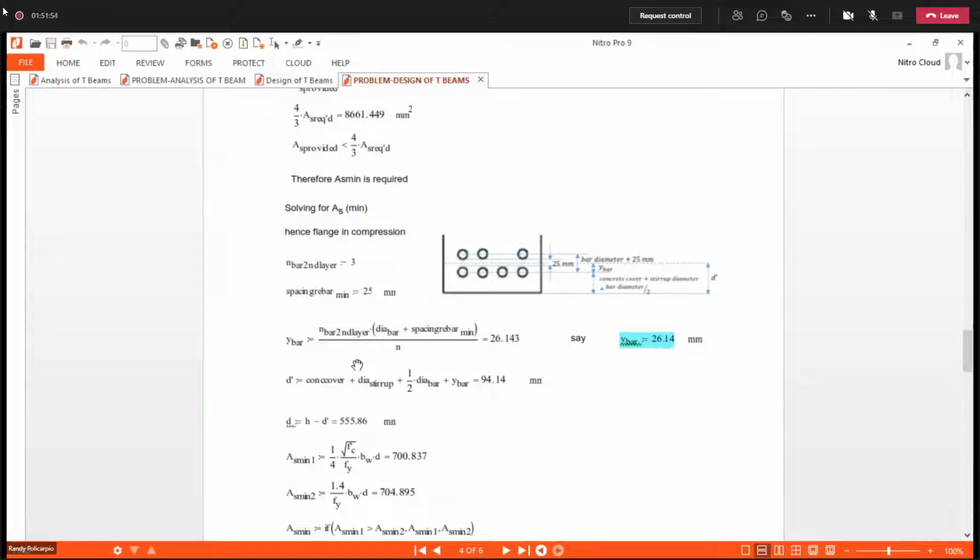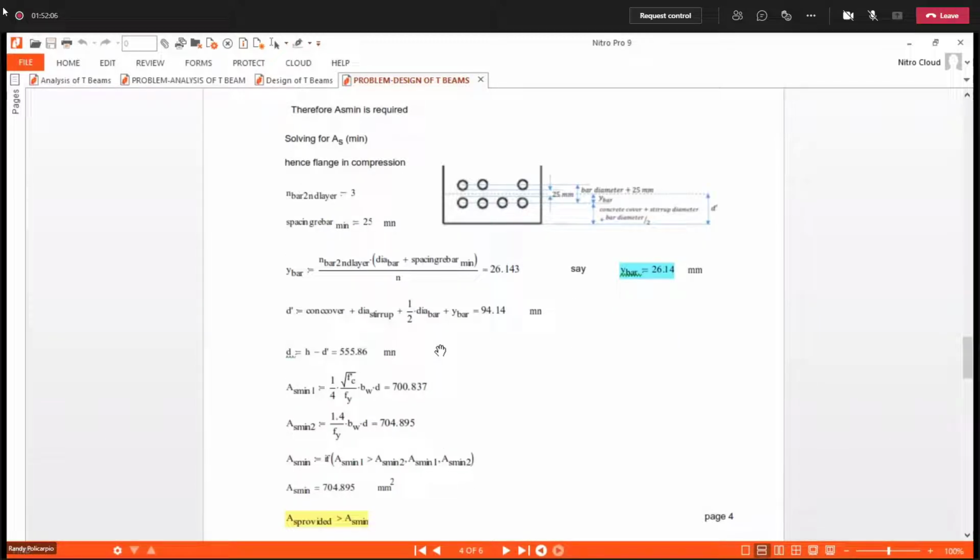So I will not go into the detail here. It is purely using Varignon's theorem. So Y bar is 26.14, and this is now our effective cover, and our effective depth is 555.